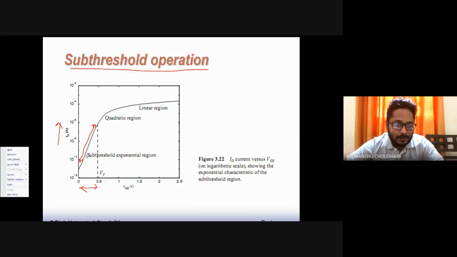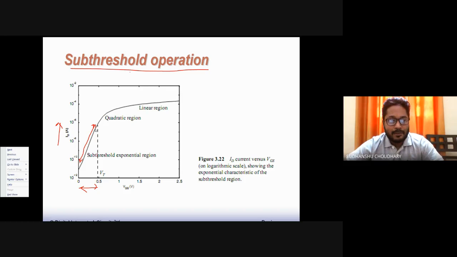For example, from 10 to the power minus 11 to 10 to the power minus 8, or maybe 10 to the power minus 9. Only that much current is there. The current levels are small, but there is still conduction. This is undesirable. In digital integrated circuits, we want the MOSFET to be completely off so that it can act as a perfect switch.